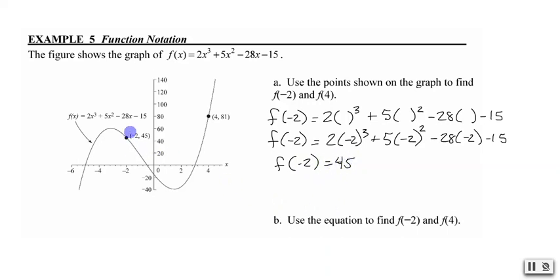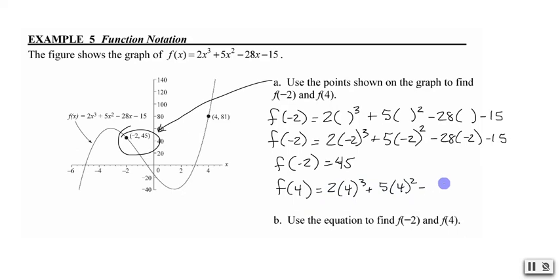So you can see on the graph using the points that that's the point negative 2, 45, and you can use the equation to find out that f of negative 2 is 45. Now we can do the same for f of 4. So f of 4 is going to be 2 times 4 cubed plus 5 times 4 squared minus 28 times 4 minus 15.